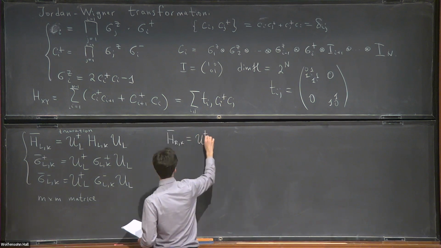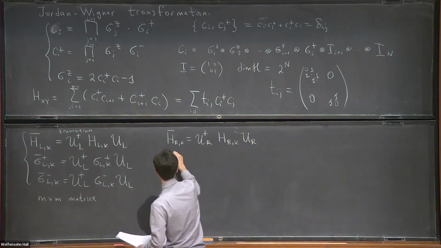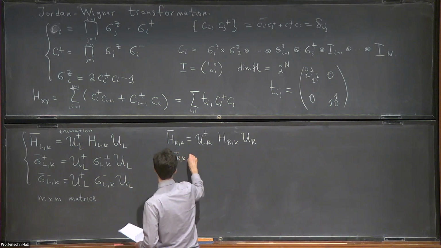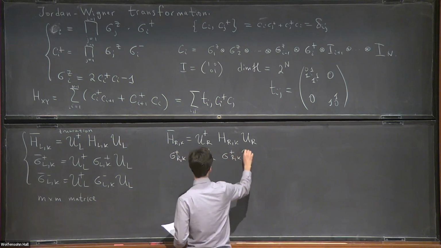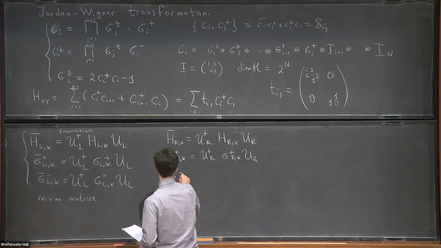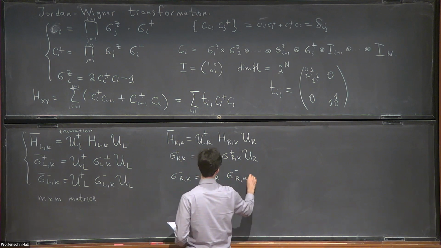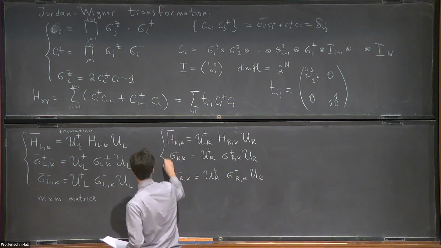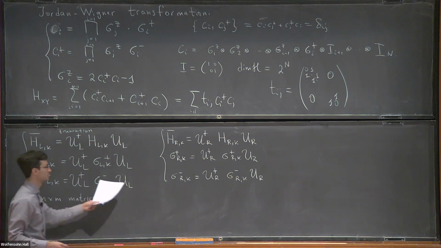So I'm going to do the same operation on my right system, or environment system. All right, so that's the most important step in this algorithm. And now I can continue building my spin chain, but now using these truncated blocks.